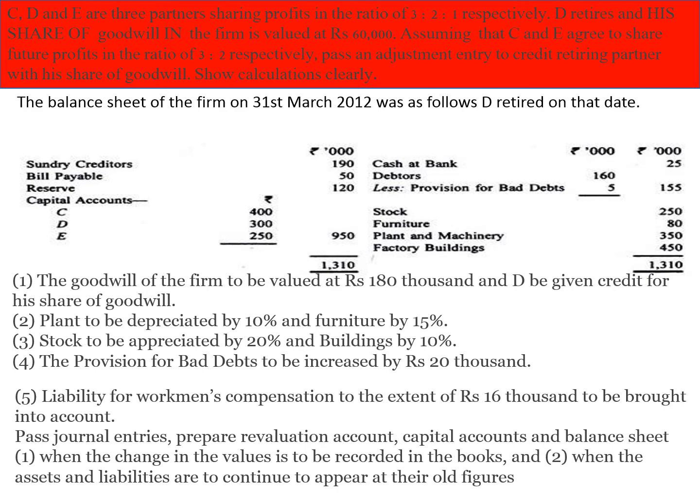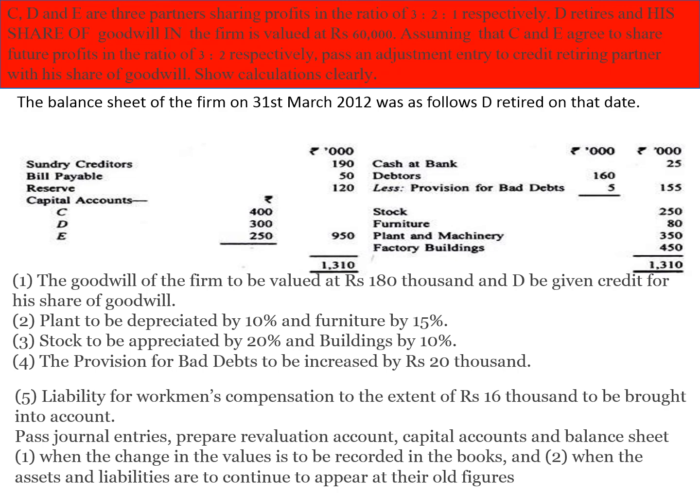When assets and liabilities are to be shown at the old values, the entry for reserve would also be in the same way as we have done for goodwill. So therefore we will pass the entry for reserves in the same manner. We will give reserve to D and we will take from C and E. Reserve here is given 1,20,000.